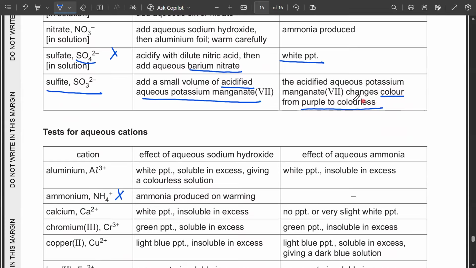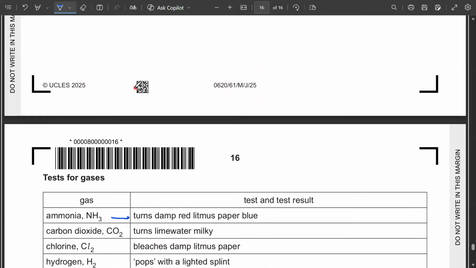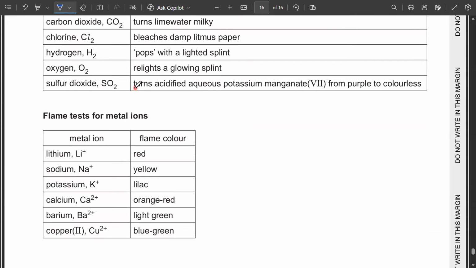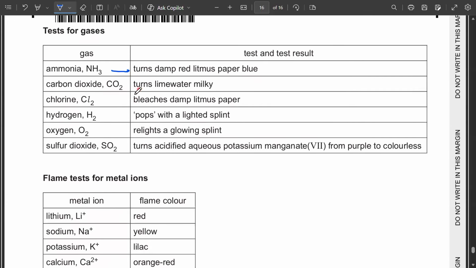Now this is the color change when it is done with the potassium manganate. One thing more, if you go to the table of the gases, you can find in front of SO2 it is also the same test. Turns acidified aqueous potassium manganate from purple to colorless.